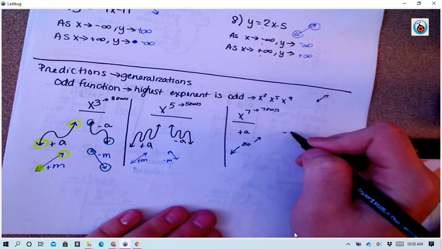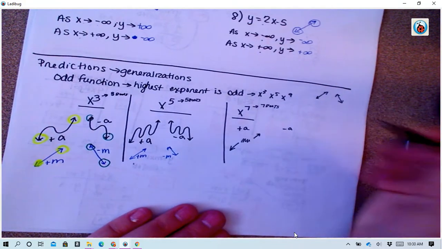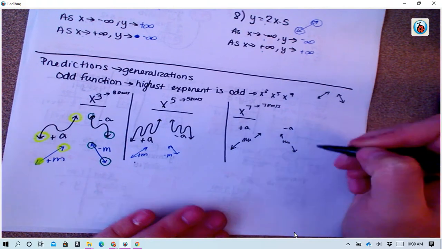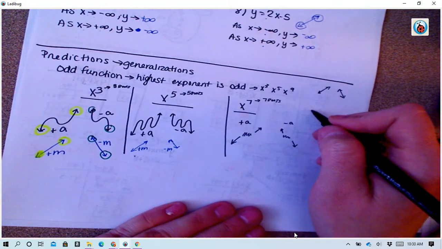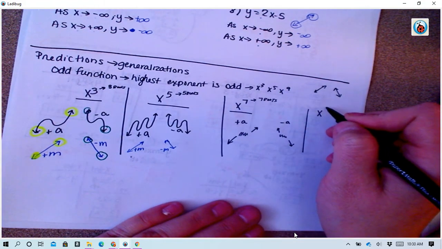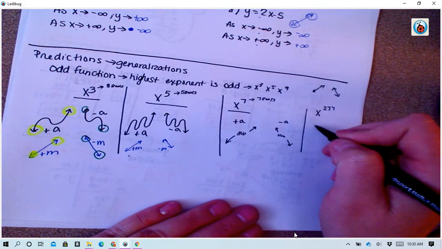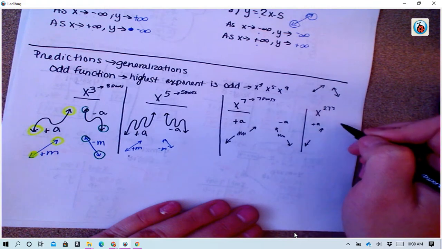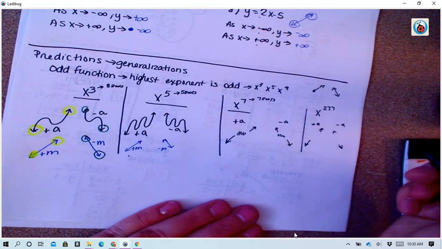If it had a negative starting number, it would have a negative slope if it were a line, and then some stuff, and then the arrow would point down. And that works the same even if we had x to the 277th. There would be all this craziness going on, but if it were a positive a, the tails or the arrows would still follow that if they were a line.